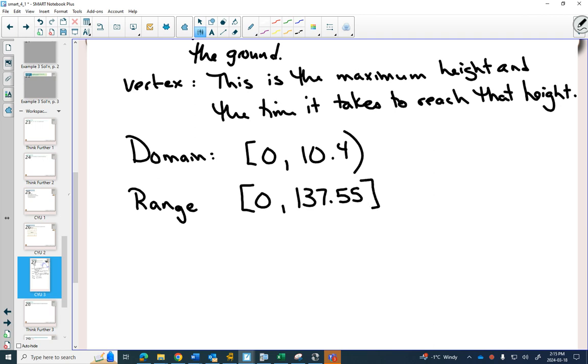Rounded, I don't know if I can use a square bracket or round bracket. It's a little bit awkward there. But the vertex is included, so normally we would include a square bracket to say that it includes. So that would be our domain and range, and the reason why we would have those values. All right. Circle question number 10.